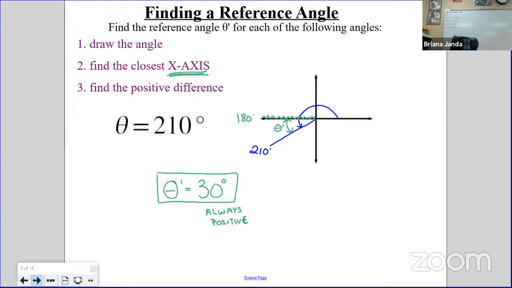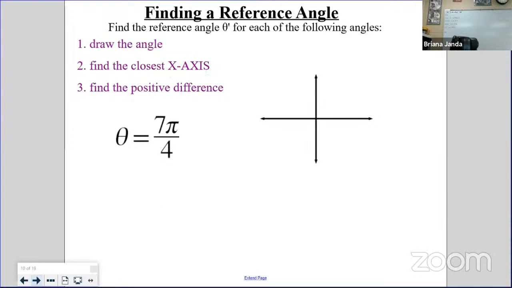Okay, let's try one in radians. Again, same 3 steps to kind of work our way through this. And step number 1 is to correctly draw it into the correct quadrant. Using what we have been using, and again, I'm hoping that eventually we kind of work away from this, but marking our axis as how it is based off of this particular denominator would be 4 pi over 4 and 8 pi over 4, double the denominator, right?